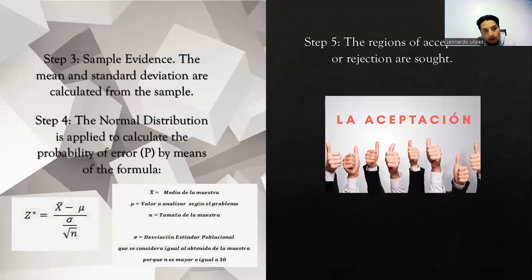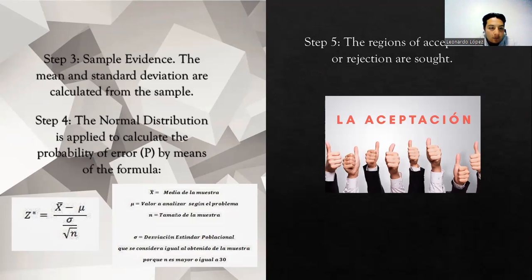In step 3, with the sample evidence from the data, we need to calculate the mean and the standard deviation from the sample. In step 4, we have a formula that we need to follow to understand the difference between the null and the alternative hypothesis.